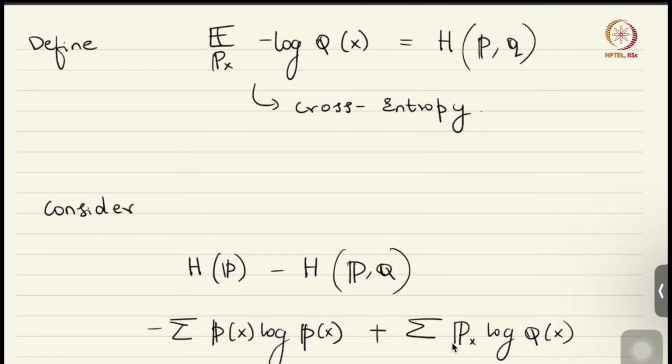Yeah, the reason I am staring at it is it is asymmetric. Because it is asymmetric, if I write it the other way, if I write H(Q, P), you will have a different expression altogether, but anyway, it does not matter.